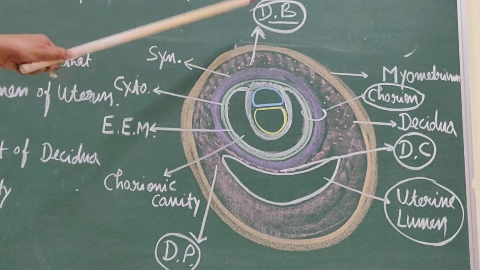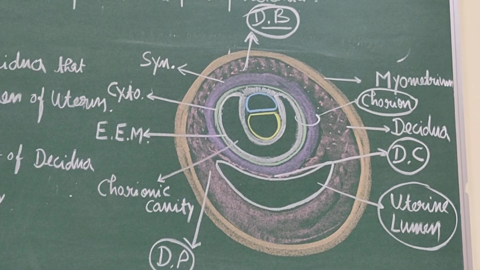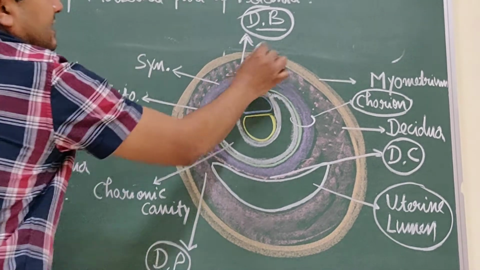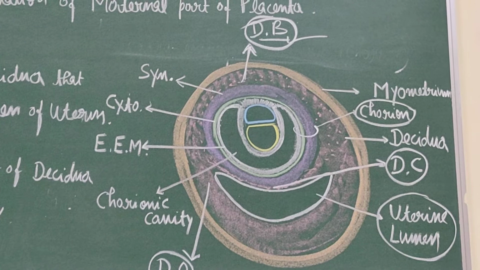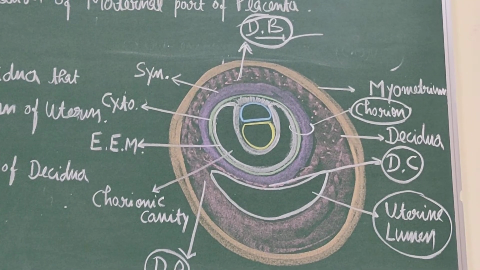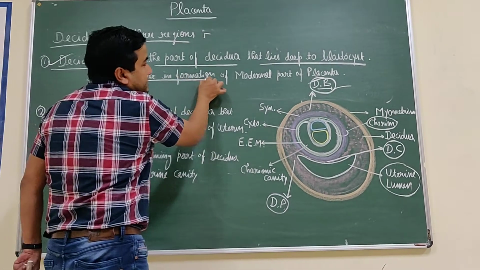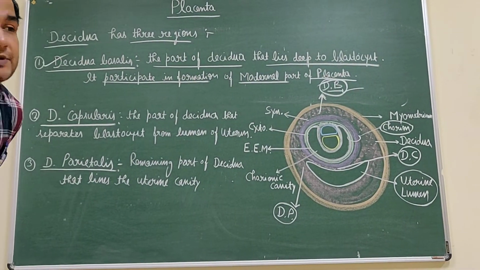So the decidua that is related with the embryonic pole is the decidua basalis. In this diagram, this is the decidua basalis region, and this is the part of the decidua that participates in the formation of the maternal part of the placenta.